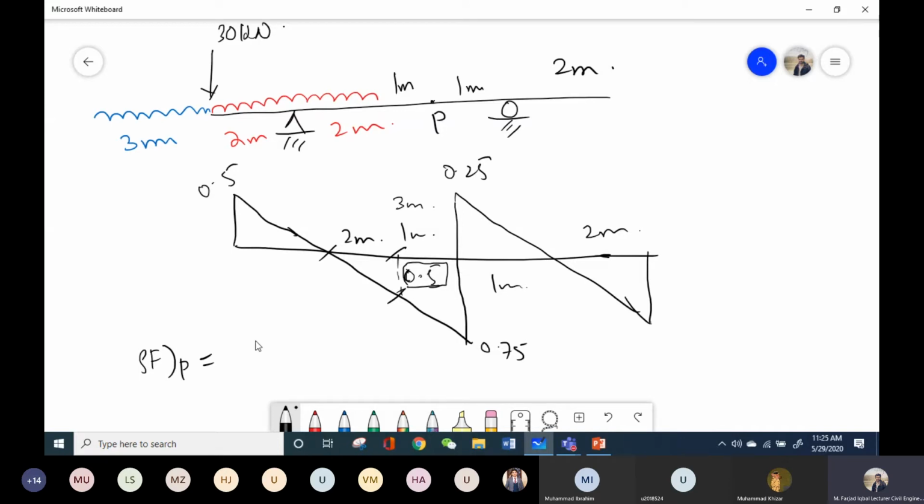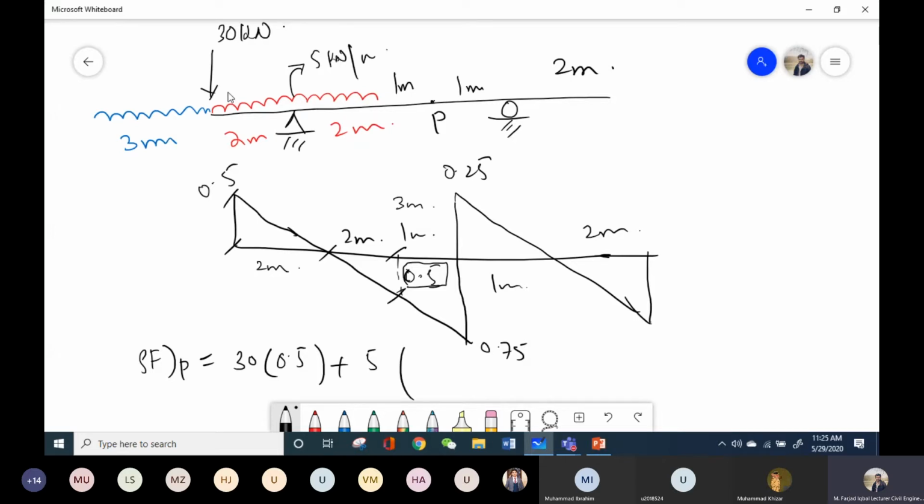So what is the shear force at point P? Let's say for this 30 kilonewton, it will be multiplied by this component, that is 0.5. And this UDL will be multiplied by the area of these two triangles. 5 kilonewton, which is UDL.